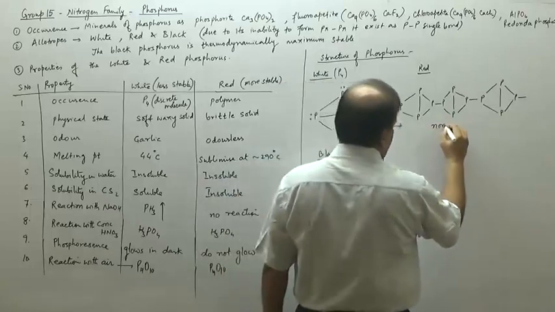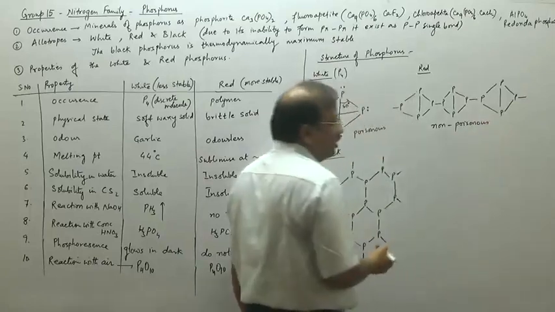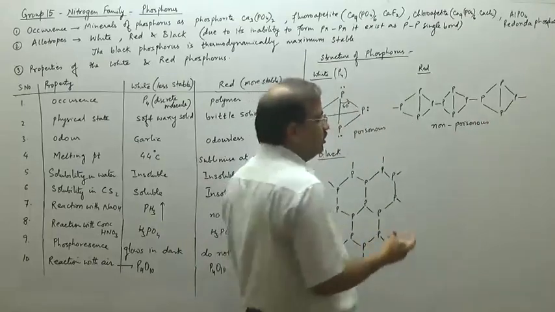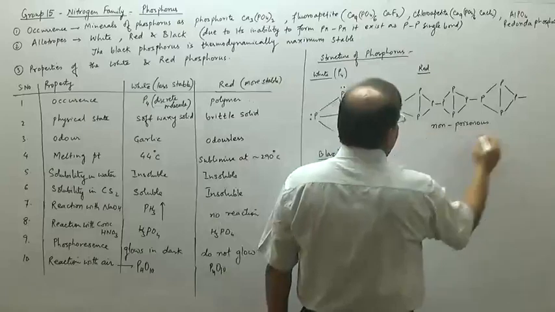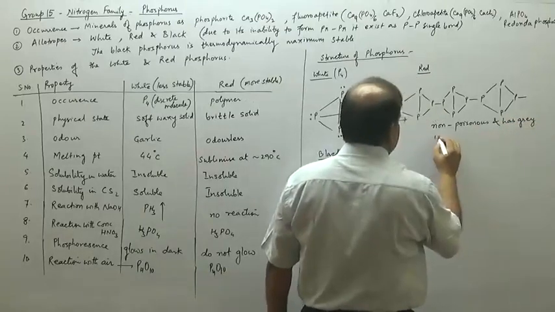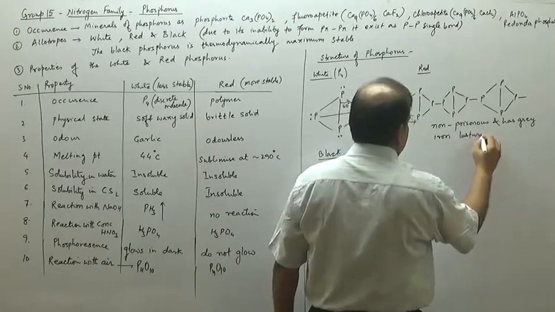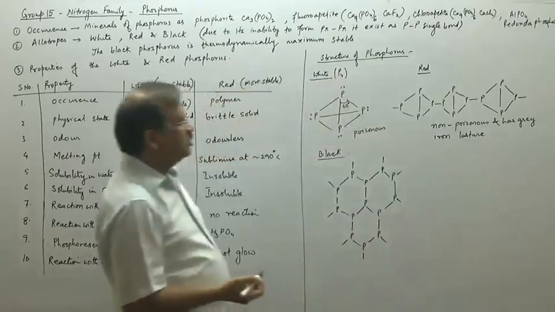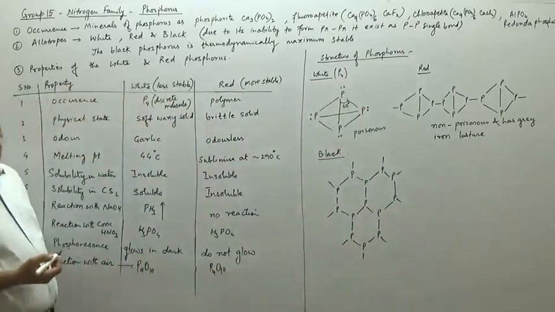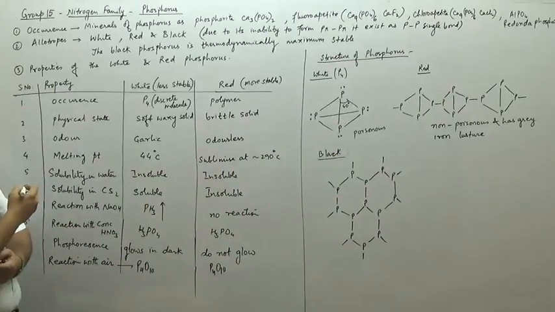Black phosphorus has an iron grey luster. Whereas the white phosphorus is poisonous and we know that it is insoluble in water. So that is how we are able to write that.